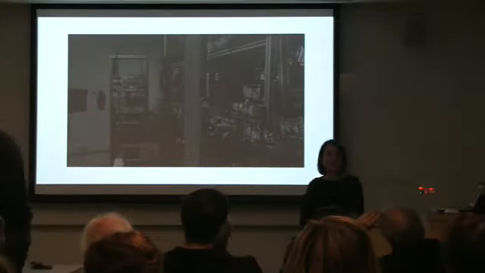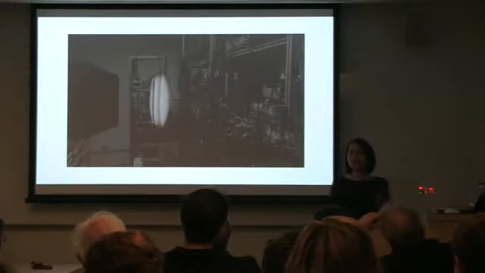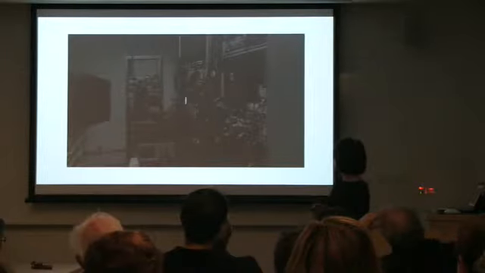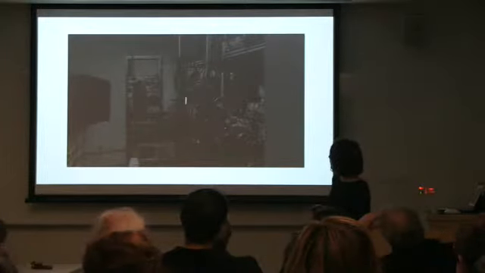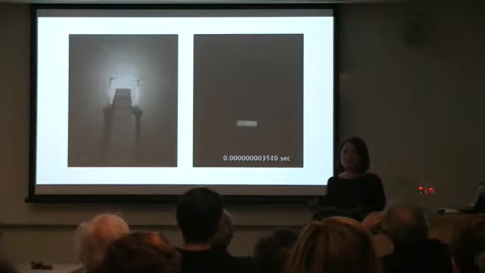So, after all these technology explanations, I'm going to show you some examples of the movies that we took. Okay, so on the left you see what we call an average picture, which is a picture taken with what could be a traditional camera.